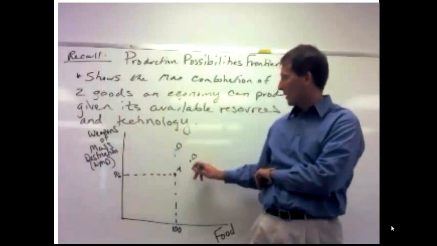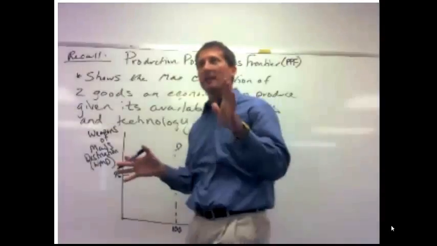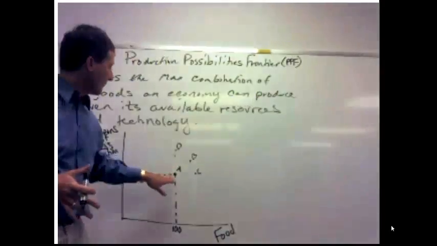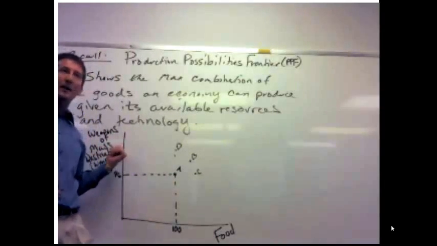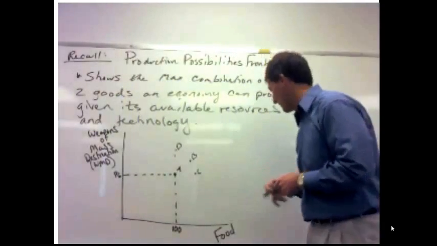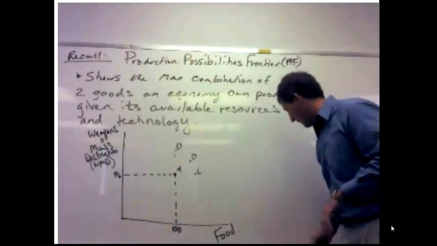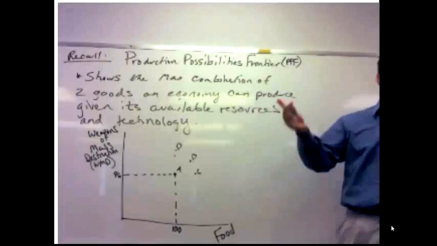So you could move to a superior point without sacrificing anything. So we know that point A is efficient if the only way we can get more weapons is to give up food. Now we start to see the power of choice here when we think about, well, I want to defend the nation, but I don't want people to go hungry. We've got choices to make.